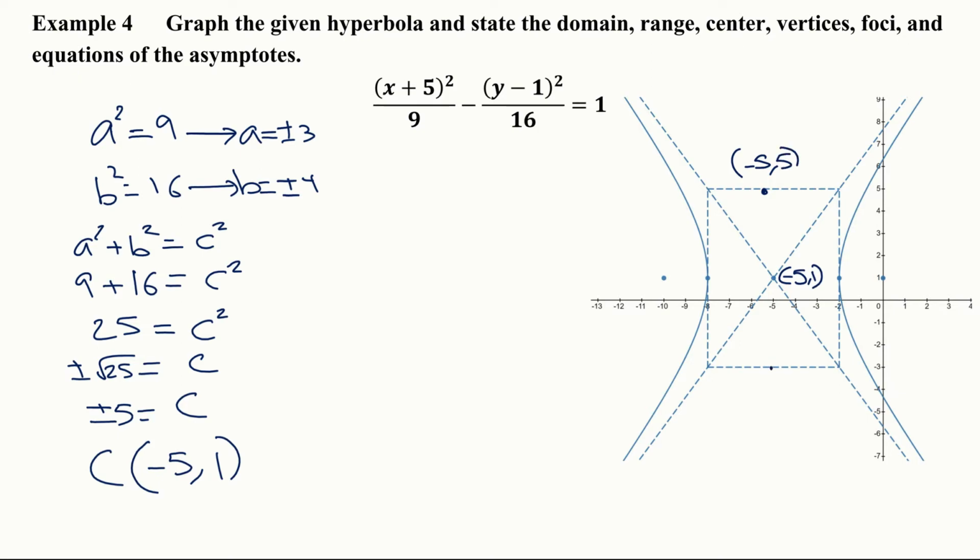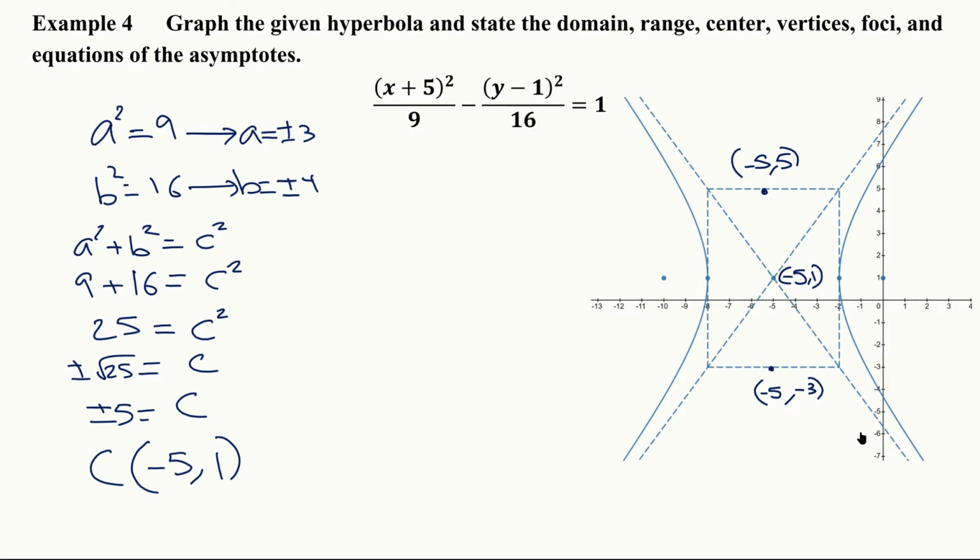What would this point here be? Same way, right? You go same x value, but you have to subtract 4 from the y value, so you get negative 3. Anyway, do you even need those points? No, I'm just illustrating to you that it's easy to get them even if you wanted them. Because from here you just know you need to go right 3, left 3, up 4, down 4, create your box.